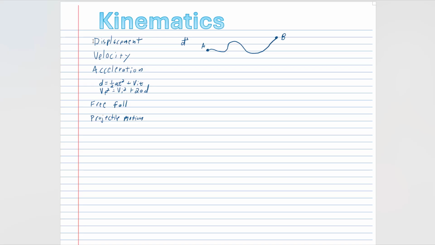But then we have the displacement from A to B, which is going to be a vector that starts at A and ultimately ends up at B. Maybe I label that R as my displacement vector, or maybe instead I call that D for displacement.